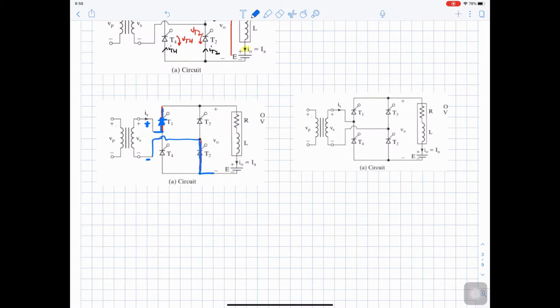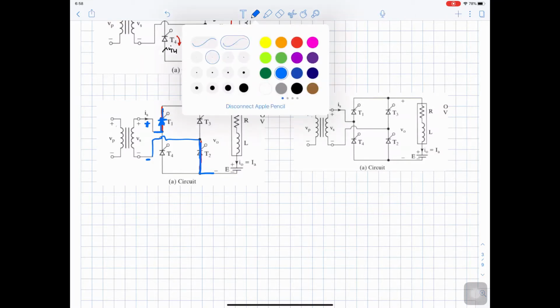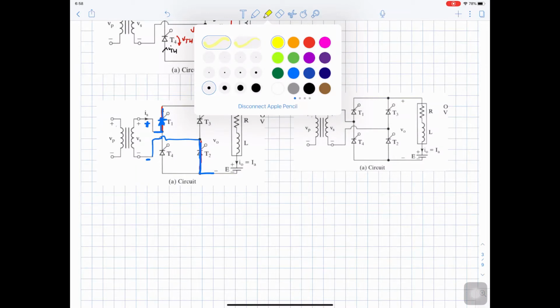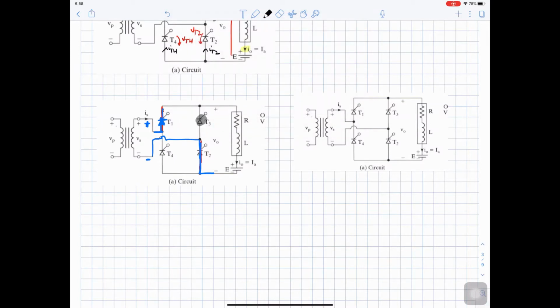Now if you fire these two thyristors, they will conduct, and in this case the other two thyristors are open circuit. So the first case is when thyristor 1 and thyristor 2 are on, thyristor 3 and thyristor 4 are turned off.